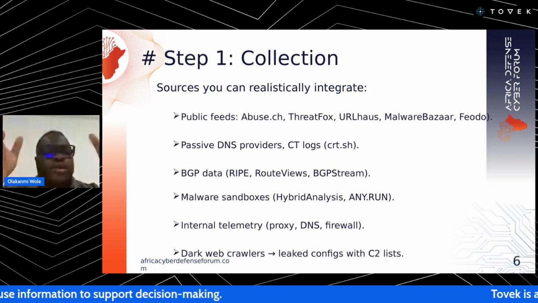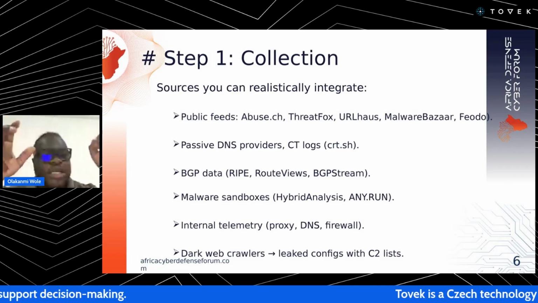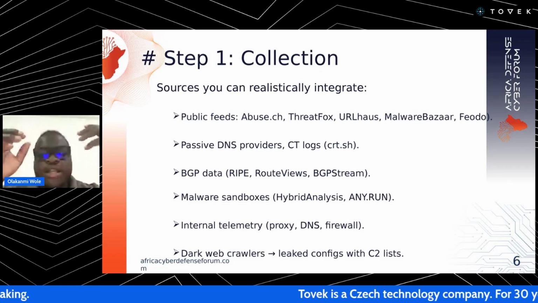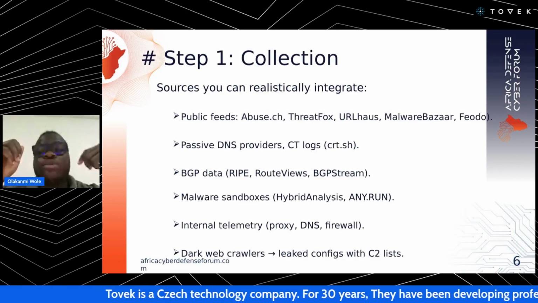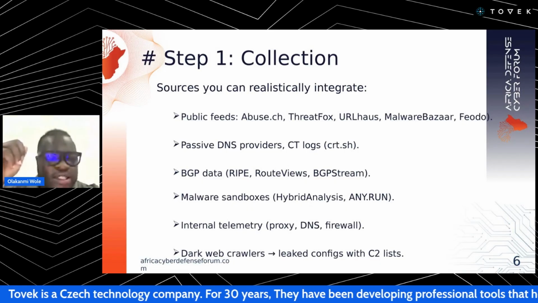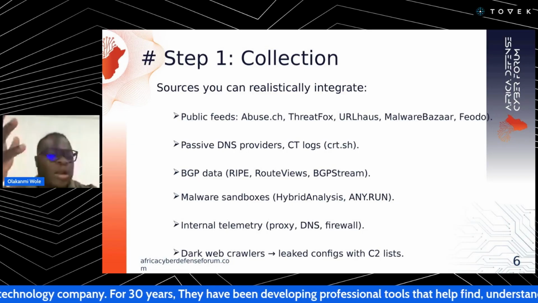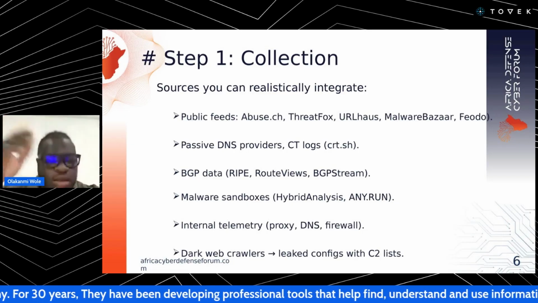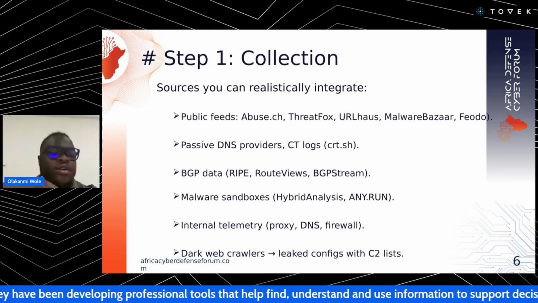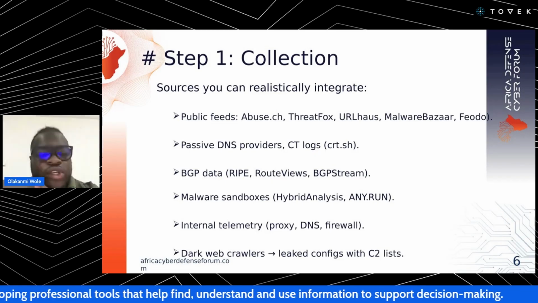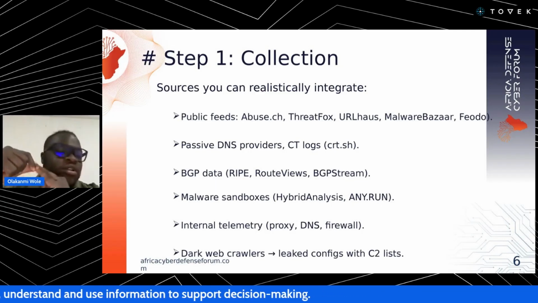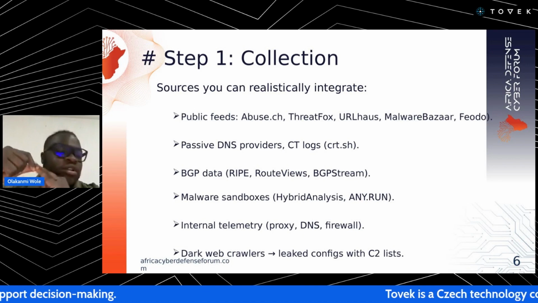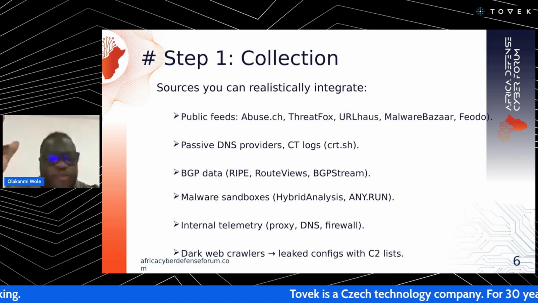These are very good data sources when you're trying to identify new infrastructure, renewed certificates, things like that. You can also check out BGP data. There's also a lot of malware sandboxes that you can integrate as your sources, such as Hybrid Analysis, Any.run, pretty much any platform that provides you with malware information.